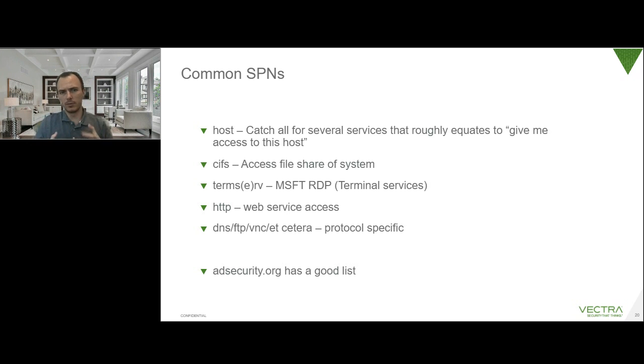Sometimes these are wrapped up under a host as well. It really depends on your configuration. If you're looking for a good list here, adsecurity.org has a really good breakdown of a lot of the common SPNs and what they are used for.